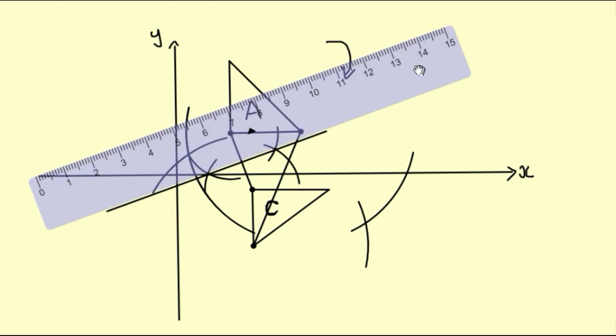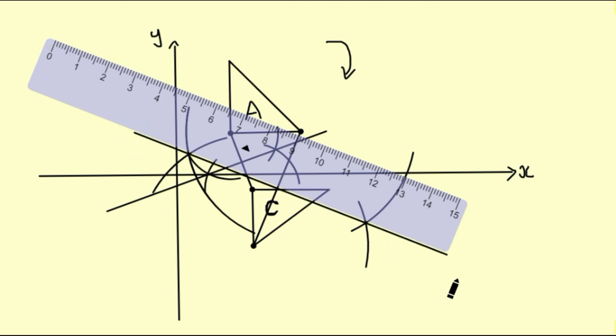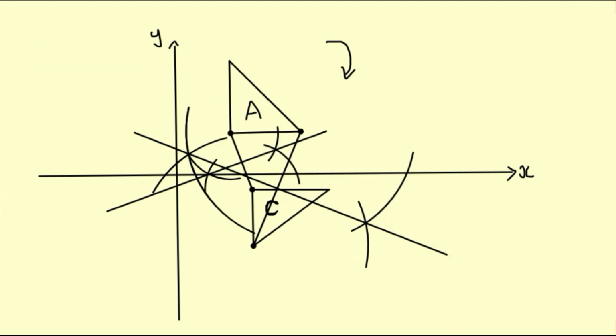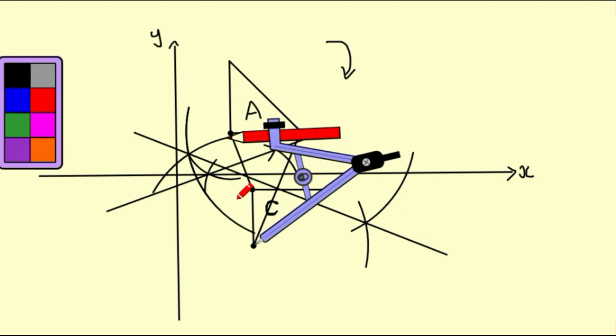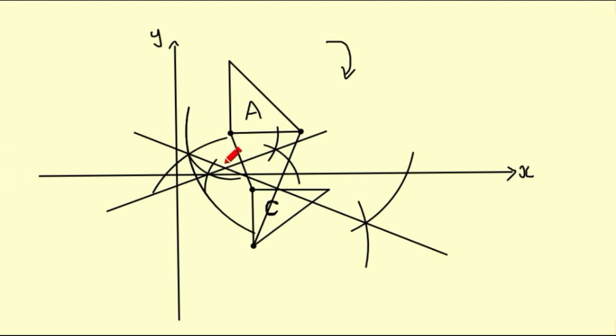Take the ruler, same process. Use the pencil to draw the line joining these two intersecting points of the arcs. After that you can take away your ruler. You can see here the two lines intersecting, and this is the center of rotation.